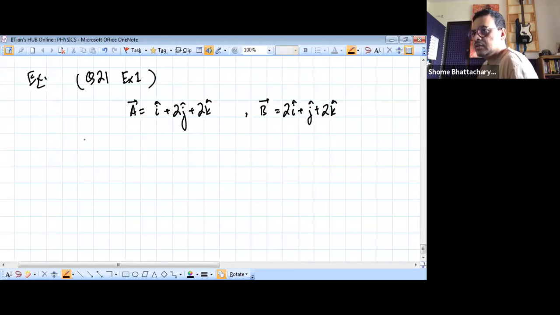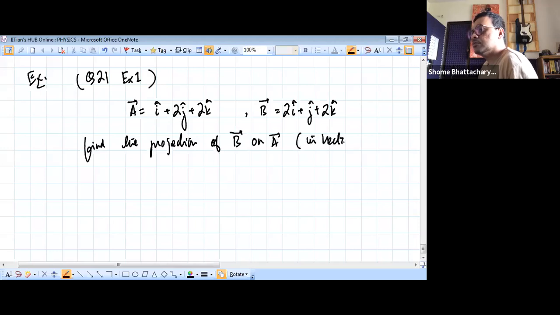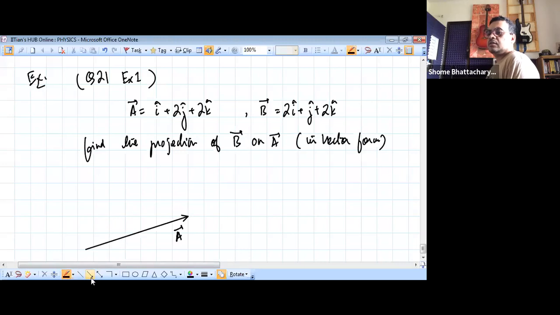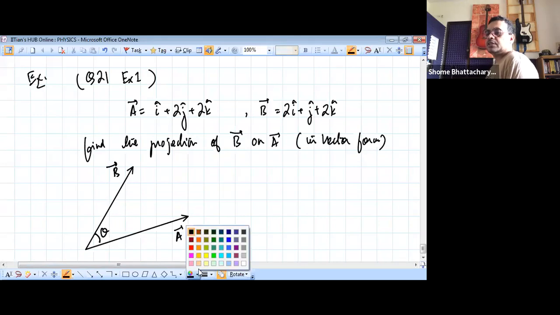We have to find the projection of vector B on vector E in vector form, not in magnitude form, but in vector form. So basically that means that suppose now this time, this is vector E and this one is vector B. This angle is theta. Now we have to find this projection.